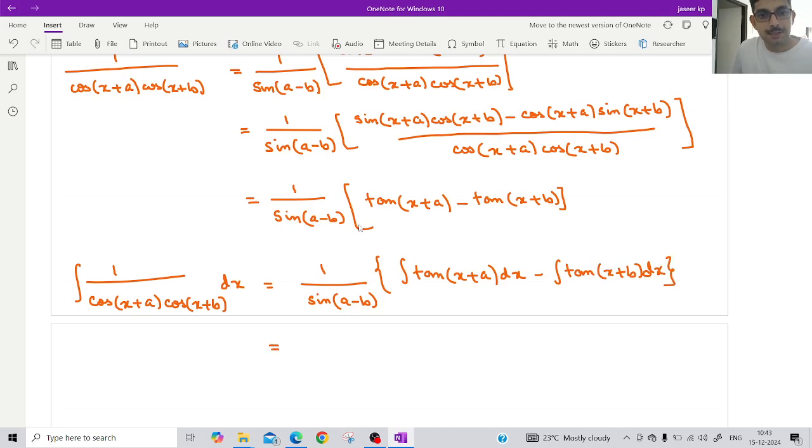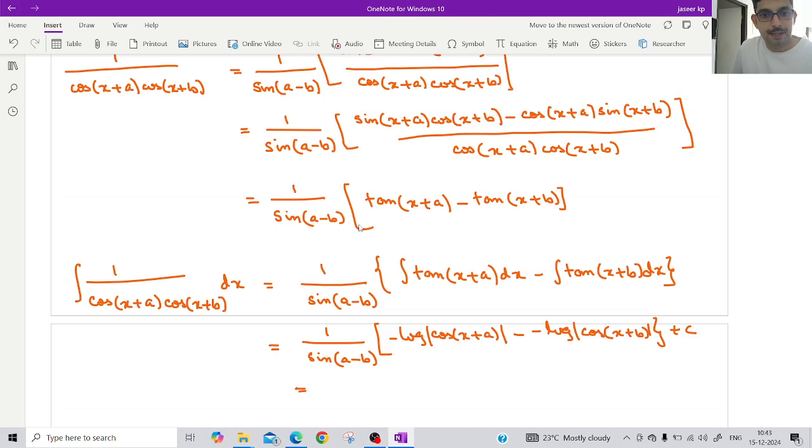So that means it is 1 by sin(a minus b), integral of tan x is minus log cos x, so minus log cos(x plus a), then minus of minus log cos(x plus b), plus c.